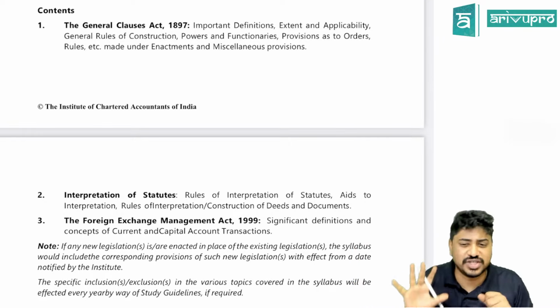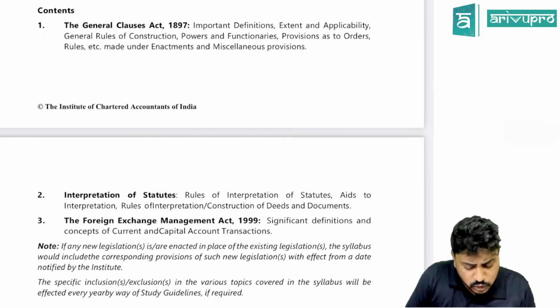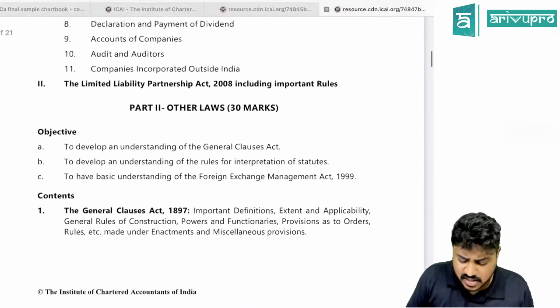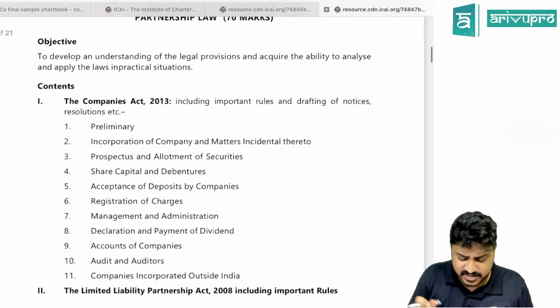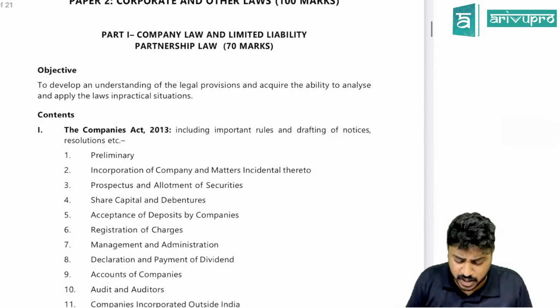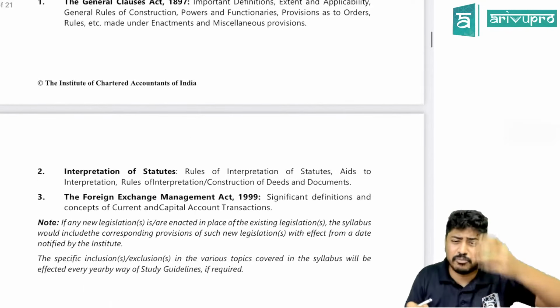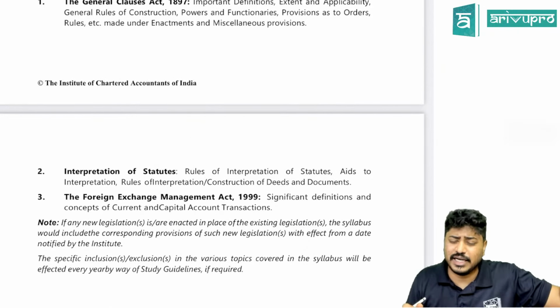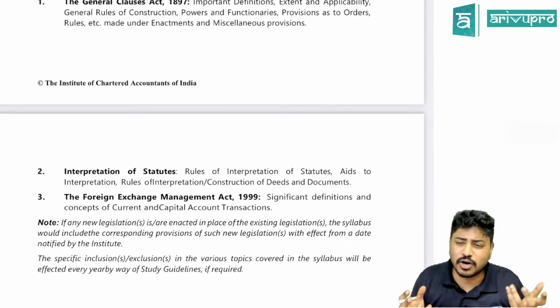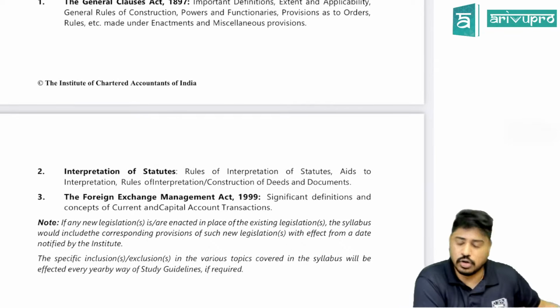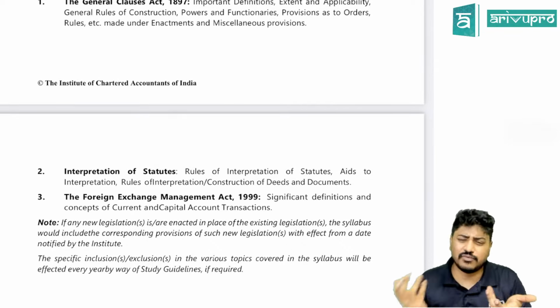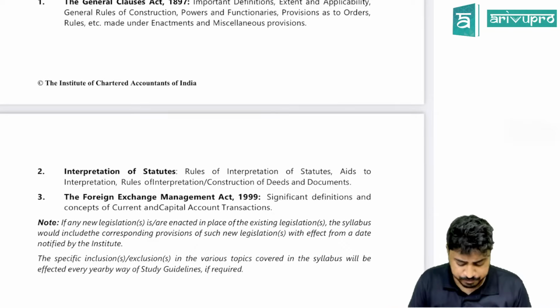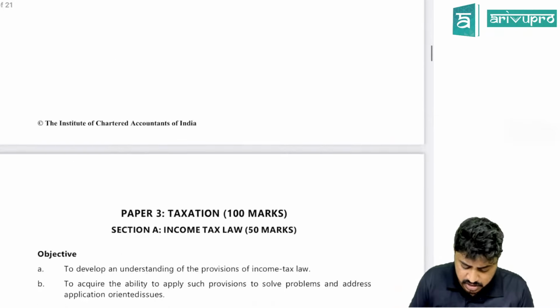They have brought it to CA Inter, right? The effort is more or less the same. Corporate law and other laws remain the same because they have removed certain portions like the Indian Contract Act from the Inter level to foundation. So they have brought FEMA as an act. Okay, these are the changes.